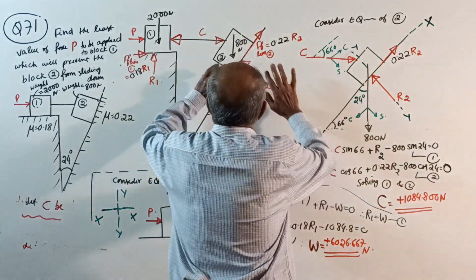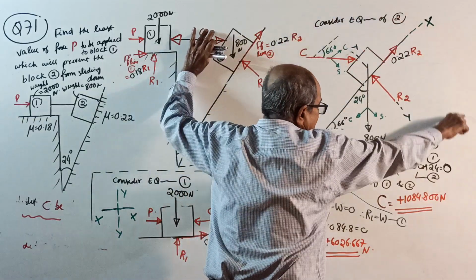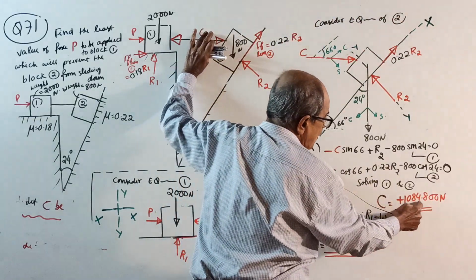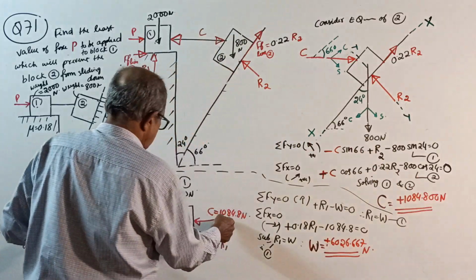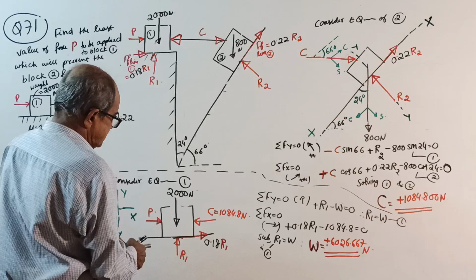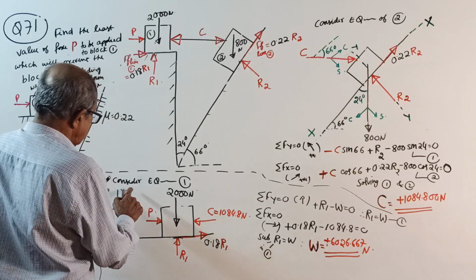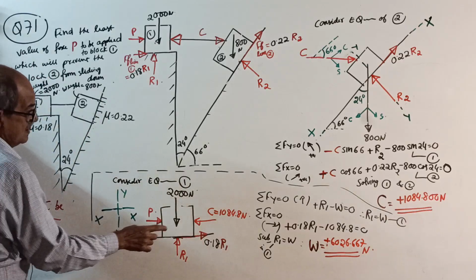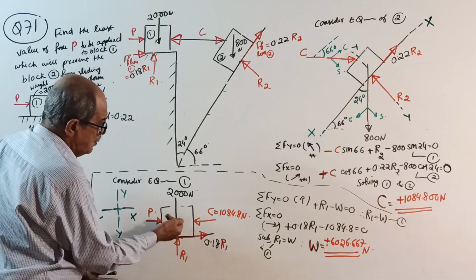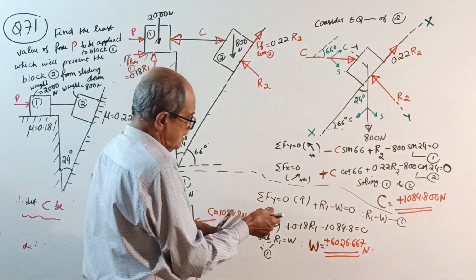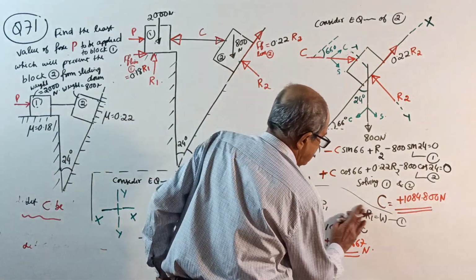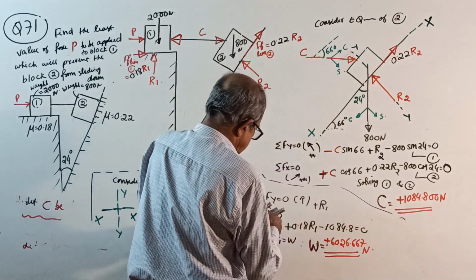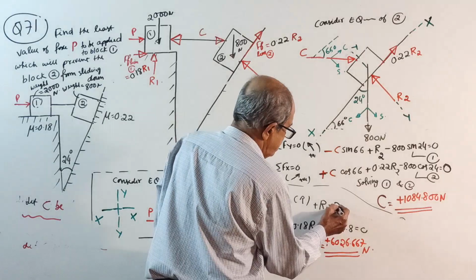So write equilibrium of block 2, same as last time, solve, 1084.8. Okay, now it is 1084.8. Now consider equilibrium of block 1. Now for block 1, P is there. See, sigma Fy equals 0, R1 minus 2000 equals 0.